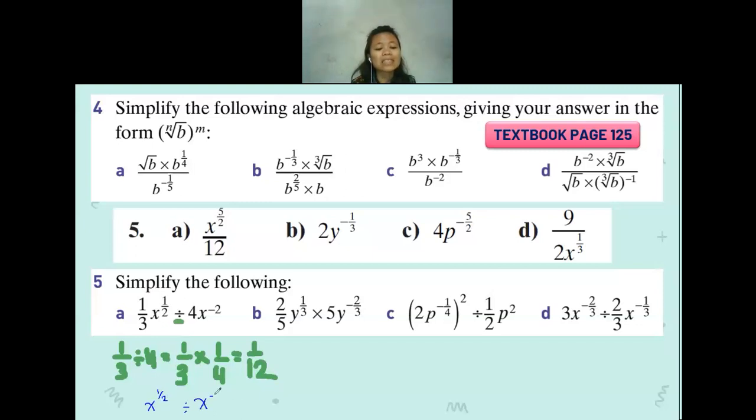Yesterday, when it is a division, we do what to the power? Is there anyone who still remembers? Minus. Yeah, we have to subtract them. So now we subtract the powers.